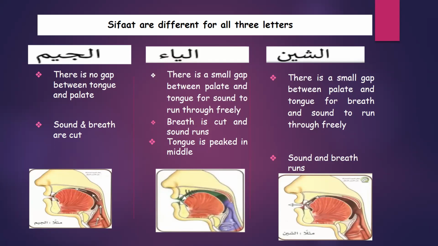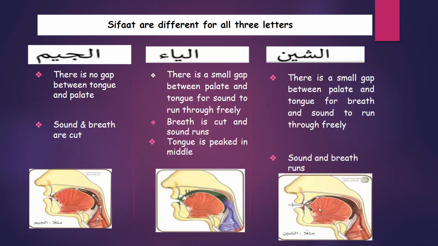The breath is cut, but the sound runs, because for this letter there is no extra breath involved. The tongue is peaked in the middle. You can see it here. Likewise, for the letter sheen, there is a gap between the palate and the tongue. The breath and the sound run through freely.